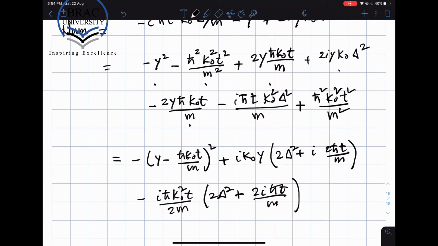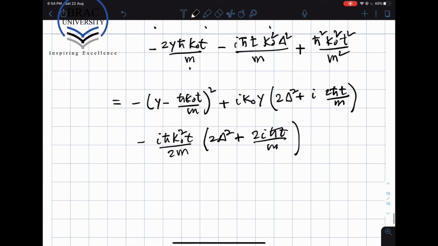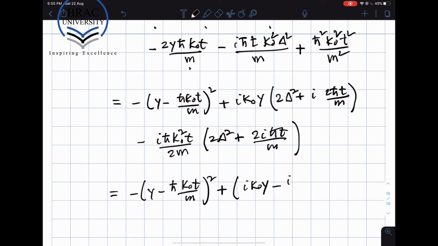So then what we do is we rewrite this as minus y minus h bar k0 t over m, whole squared, plus i k0 y minus i h bar k0 squared t by 2m, times 2 delta squared plus 2i h bar t over m.